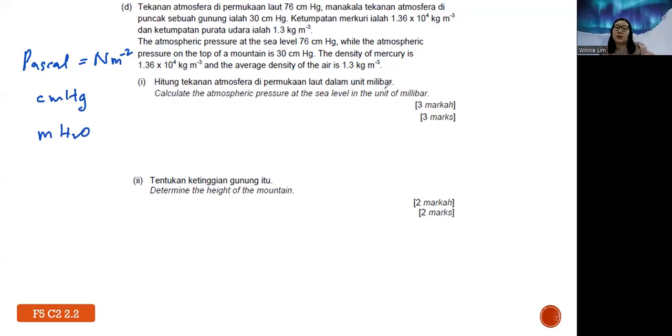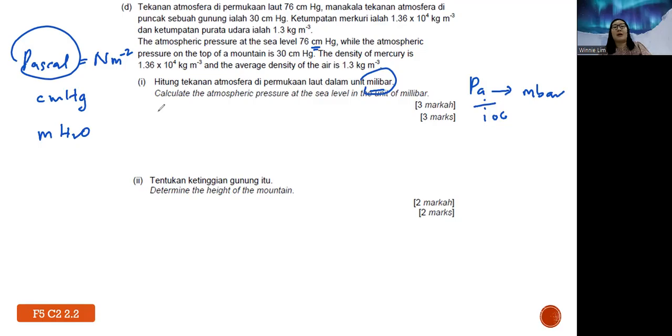So all these are the units. If you have the unit in Pascal, and you want to change to millibar, basically you just need to divide by 100. So that means we have to change the 76 cm mercury into Pascal first.